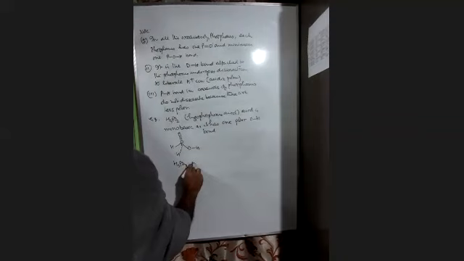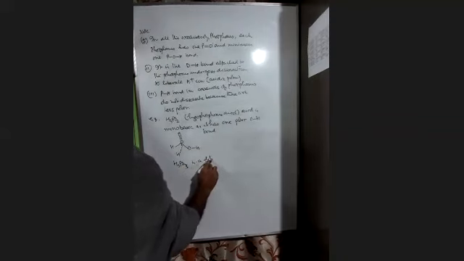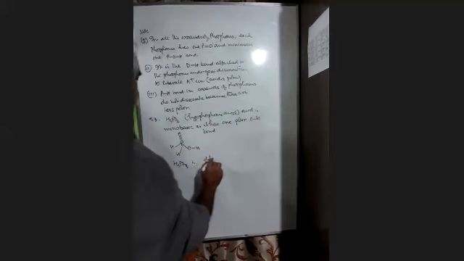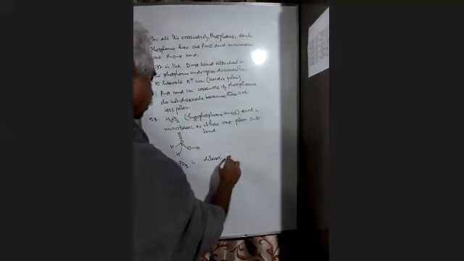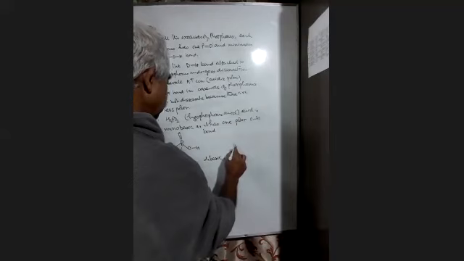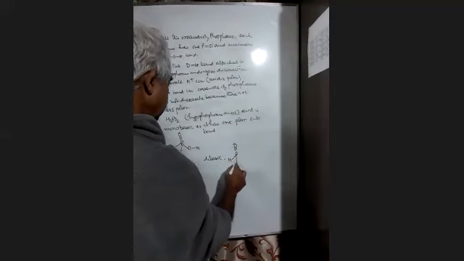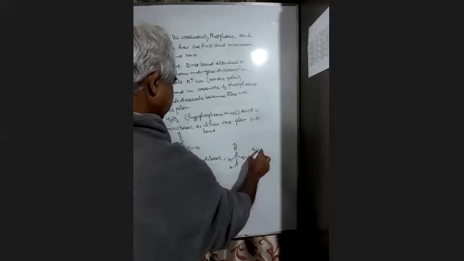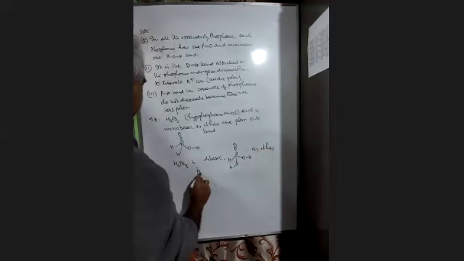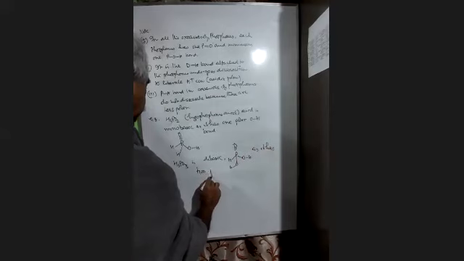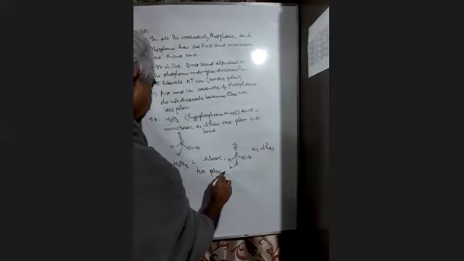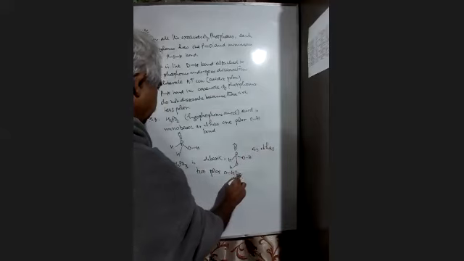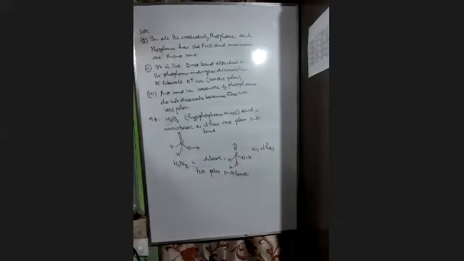H3PO3 is dibasic. Why? As it has two polar OH bonds. This question comes. They justify the acidity. Then you draw and write down. Finish.